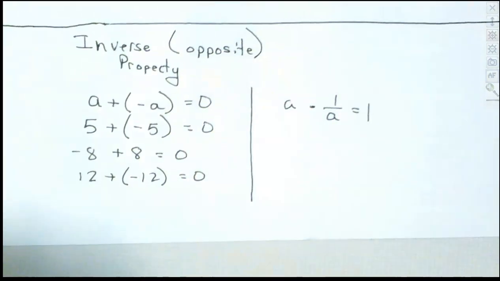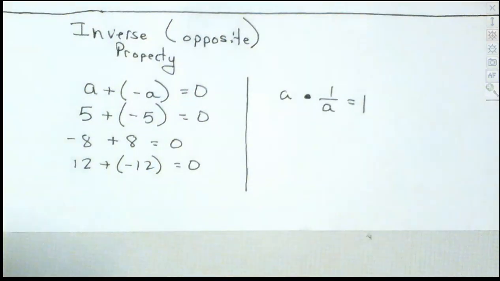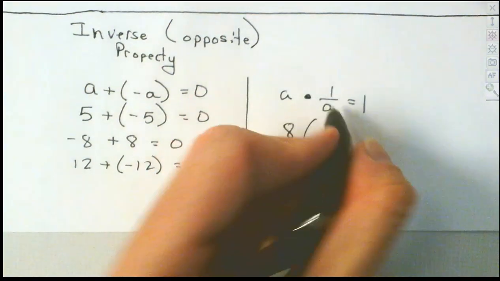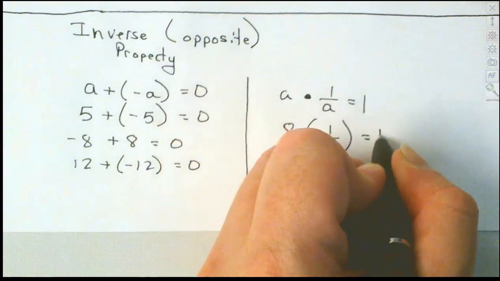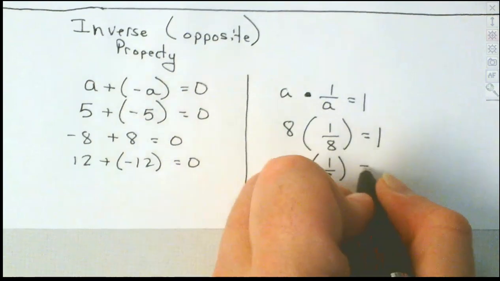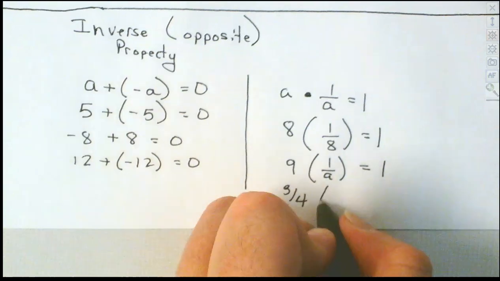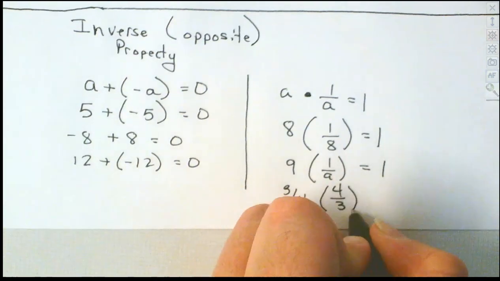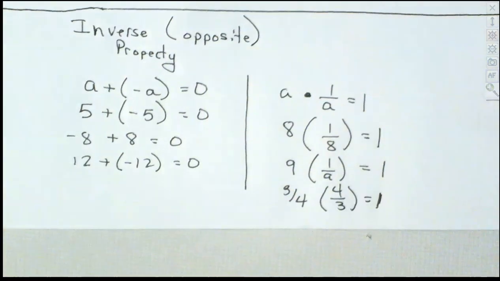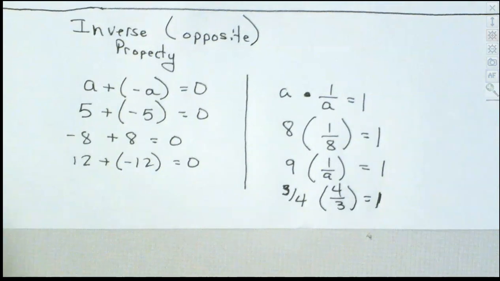So examples of multiplicative inverse would be, make sure you see that's a multiplication dot, 8 times 1/8 is 1. 9 times 1/9 is 1. 3/4 times 4/3 is 1. Okay, we're looking at reciprocals. They flip over, and they equal 1. Must equal 1. So inverse is the opposite.